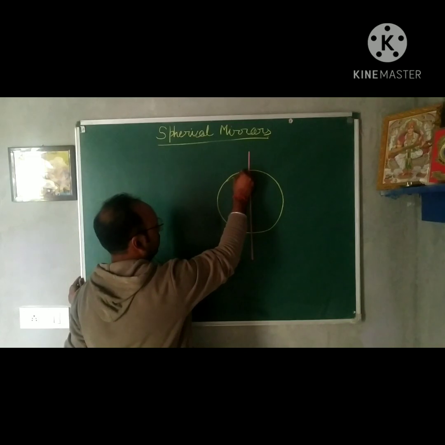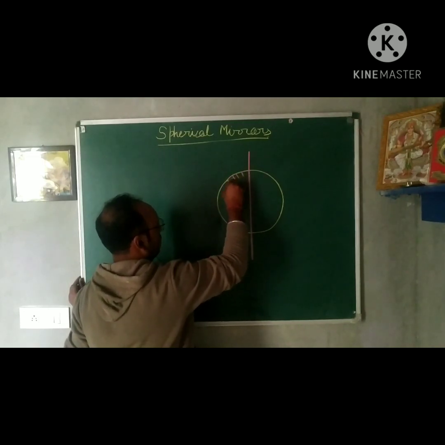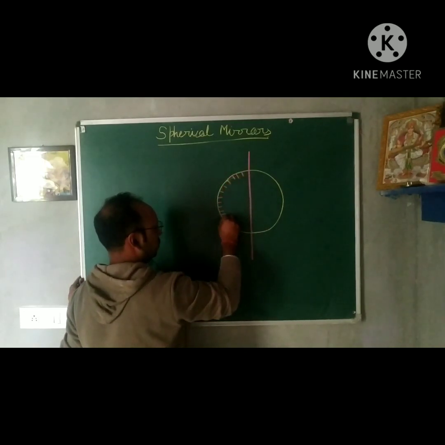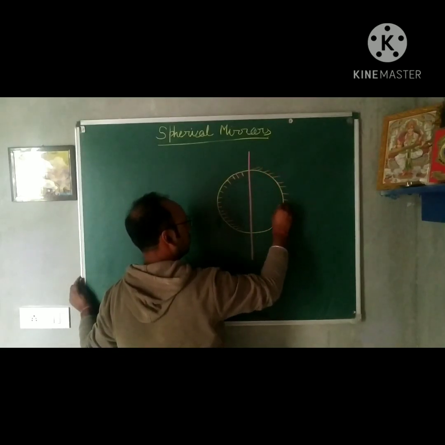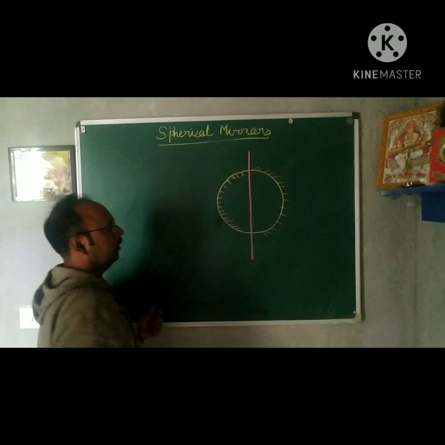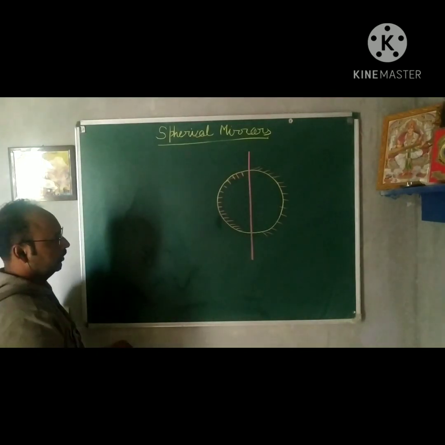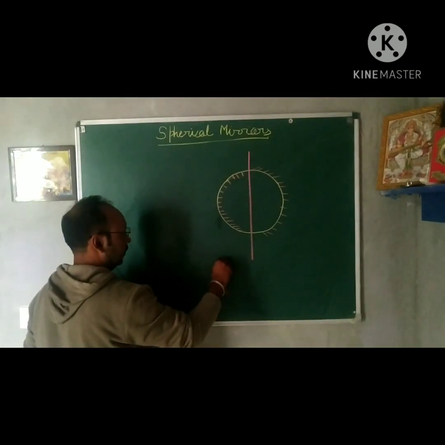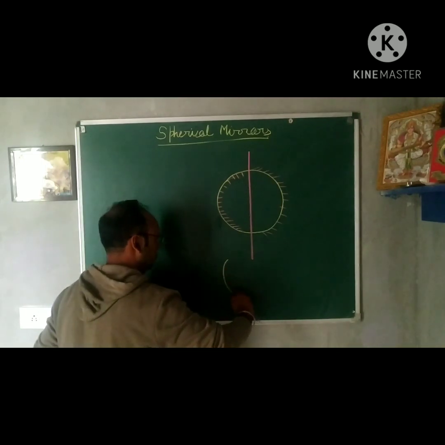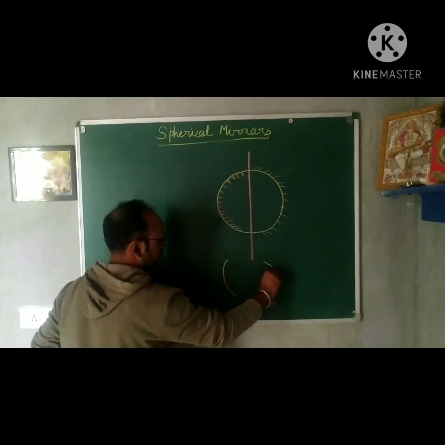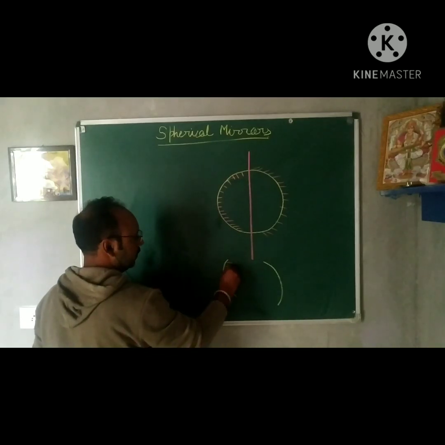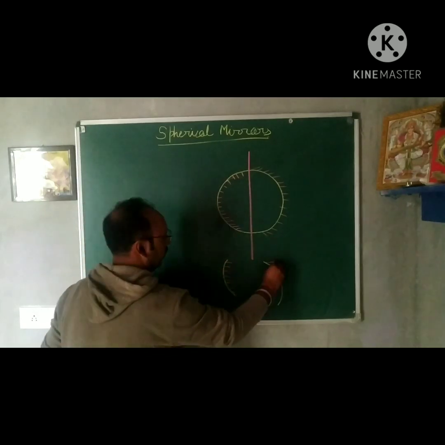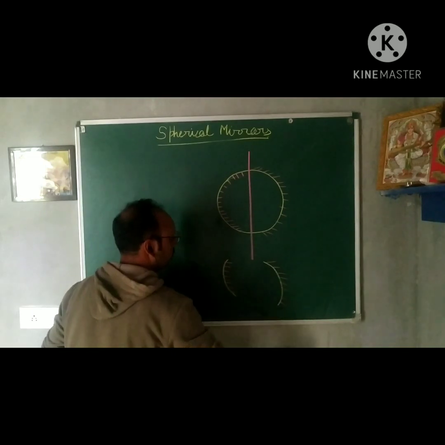If I polish the inner surface of this, and there I polish the outer surface of this, then they will be converted into two different mirrors like this. In this, the inner surface is polished and in that, the outer surface is polished.